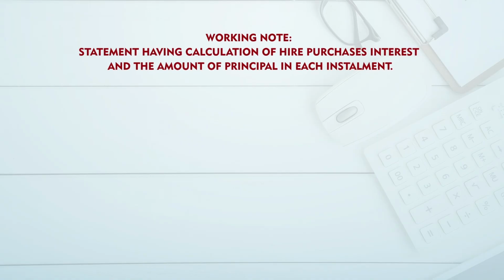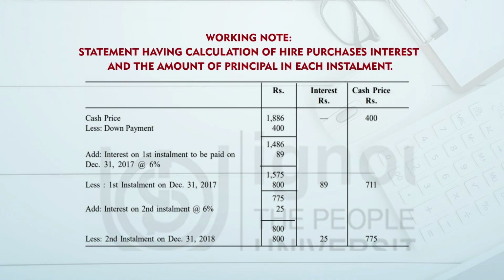Working note. Here this is how we calculated the amount of interest: for the first year 89, for the second year 25 rupees. Cash price was 1886, less the down payment 400, so the balance is 1486.